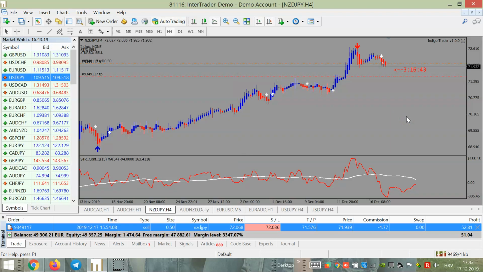Because when the opposite arrow comes, it means that there will be a reversal, a retracement. So it's always good to have this function on to protect your take profit or to increase your profit, as you could see before.